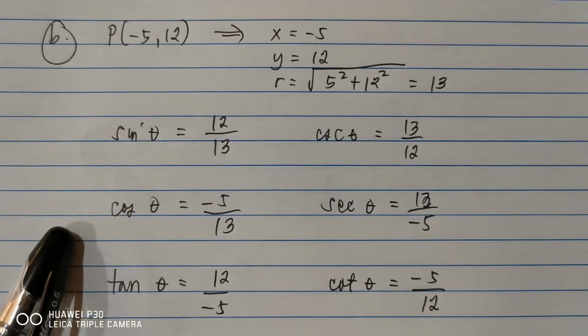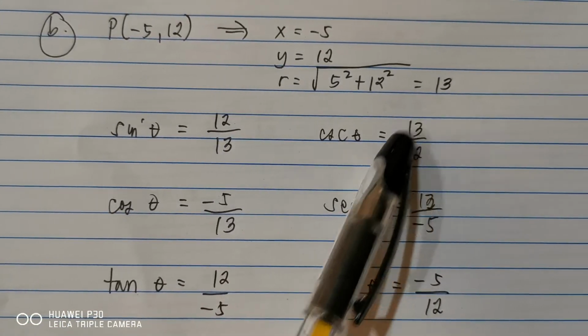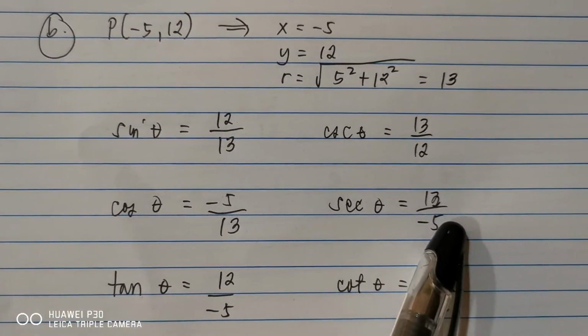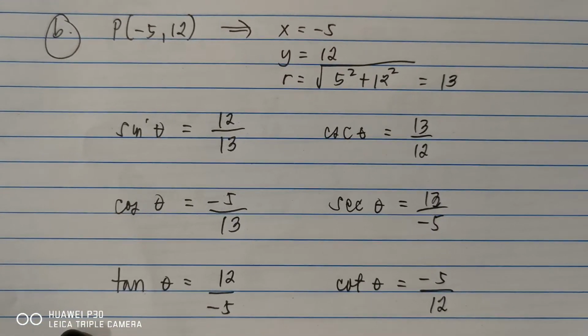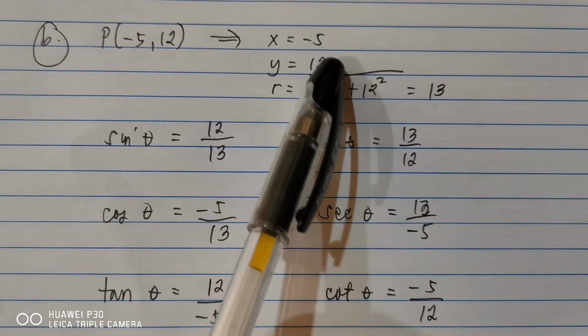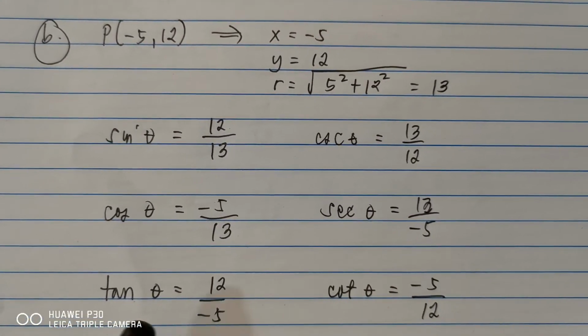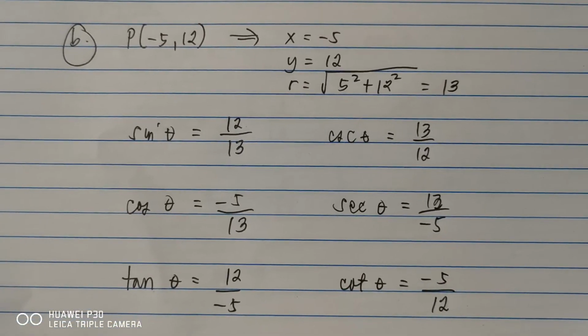Cosine theta is equal to x over r. X is negative 5, r is 13. And secant theta is the reciprocal, which is 13 over negative 5. Tangent theta is equal to y over x. Y is 12, x is negative 5. So cotangent theta is the reciprocal of tangent, so we have negative 5 over 12.